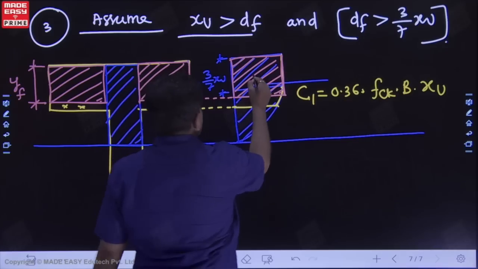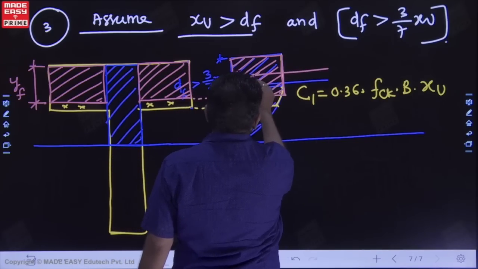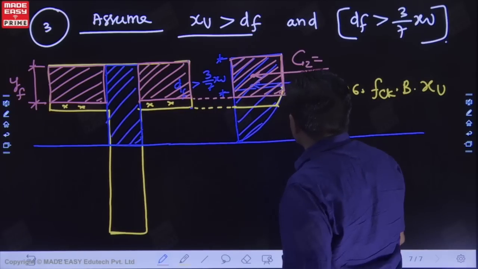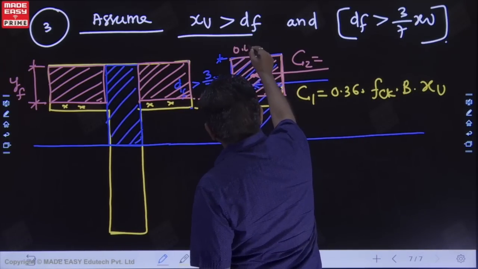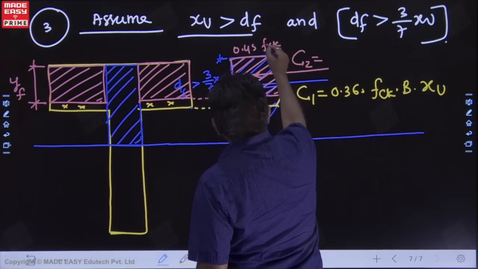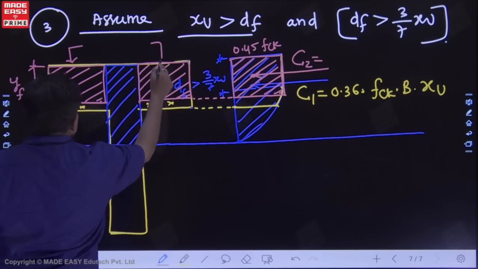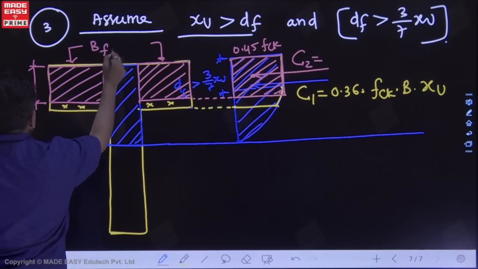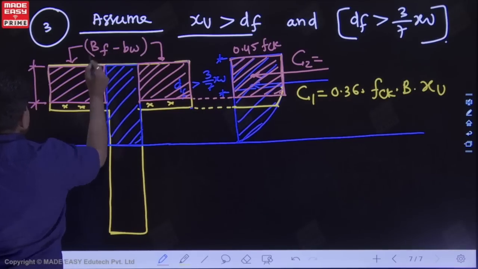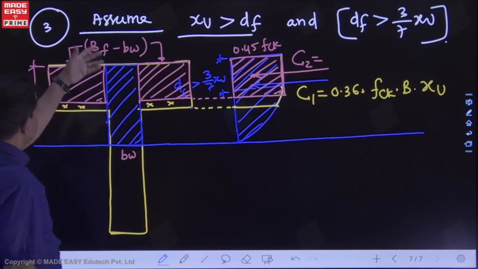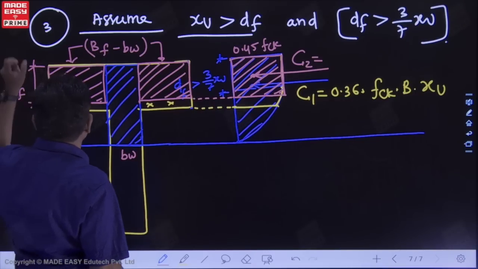So for this we can show a second force, that will be C2. Can you tell me what will be the value? Because the stress is constant at 0.45 FCK, and the width of these two portions again will be BF minus BW. This was BW, total was BF, so BF minus BW, and depth is YF.